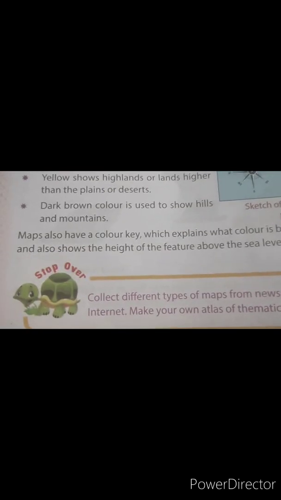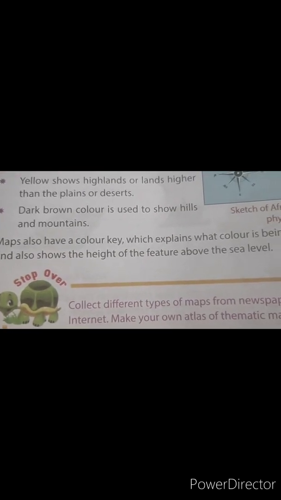A map also has a color key which explains what color is being used for which features and also shows the height of the feature above sea level. In some maps you will find color keys which explain for what reason they have used which color.